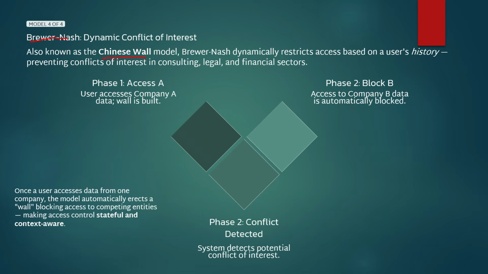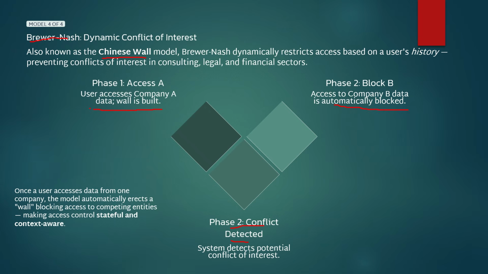So this works dynamically. Let's say there is one user who has access to company A. In that case, the conflict is detected, and company B's data will be automatically blocked.